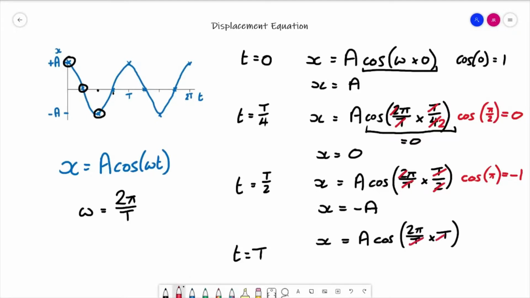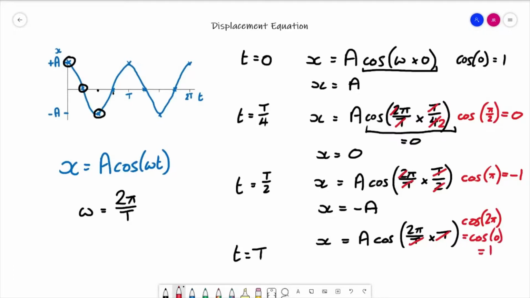Once again the T's cancel out, and we're left with cos of 2 pi. In degrees, cos of 2 pi is cos of 360 degrees, which is exactly the same as cos of 0, and is therefore equal to 1.